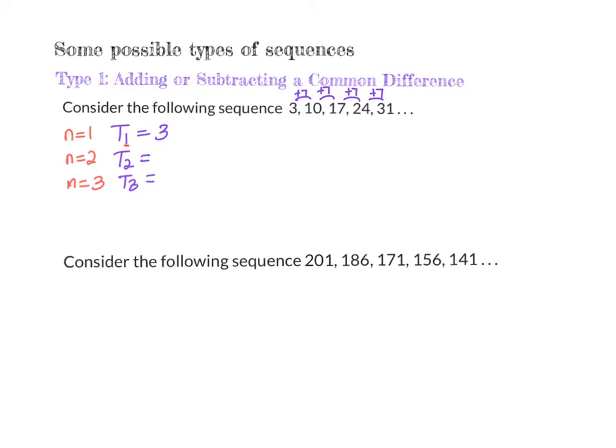And then when it's T2, I get the number 10. How did I get 10 from 3? I got the number 10 by taking 3 plus 7. Now, how many times have I added the 7? I added the 7 one time.